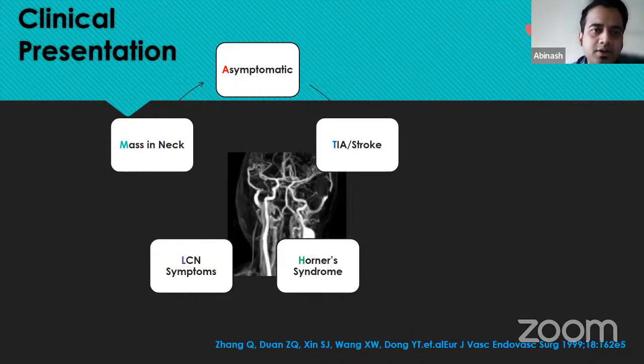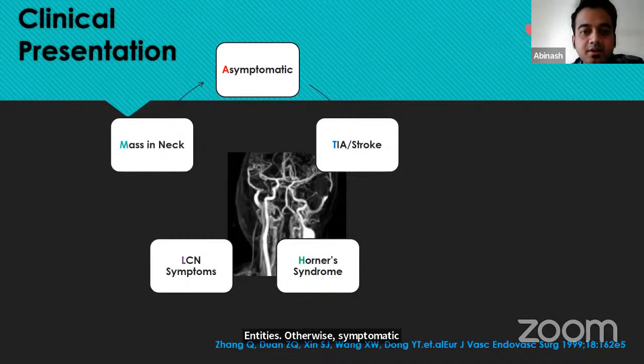Coming to the clinical presentations, in countries like Japan and other developed nations, they can show up on screening as asymptomatic entities. Otherwise, symptomatic ones include a mass in the neck or neurological conditions like transient ischemic attacks or strokes, then lower cranial nerve symptoms, Horner syndrome, and so on.